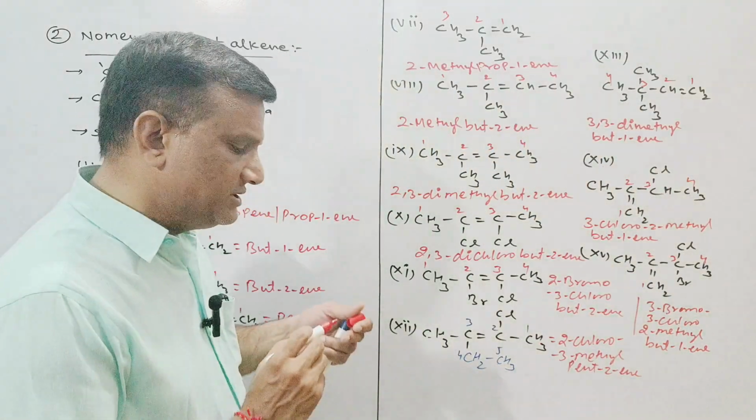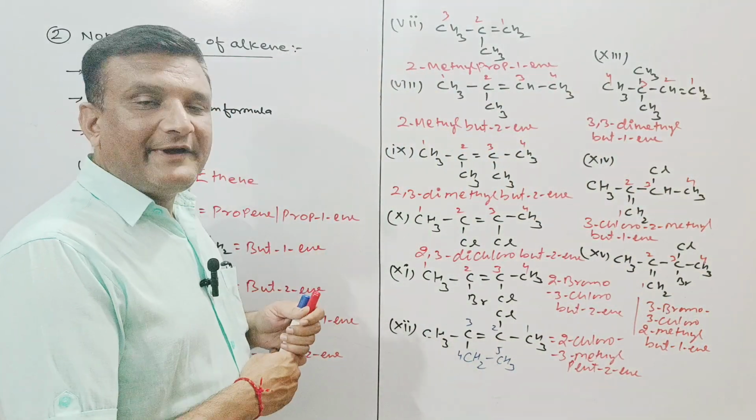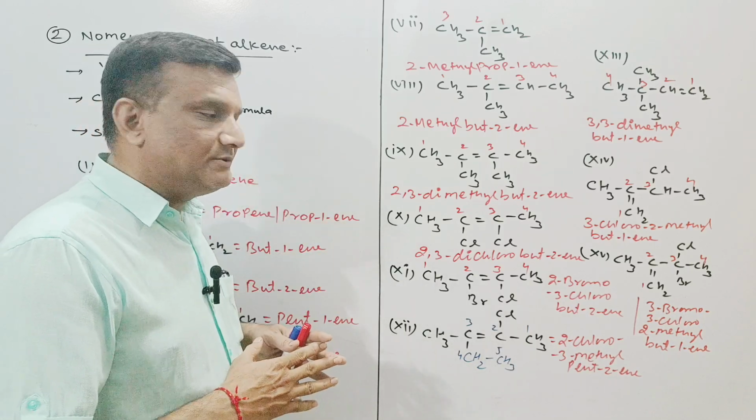This was about the IUPAC nomenclature of alkene. We'll take bond line structures also. See the matter.